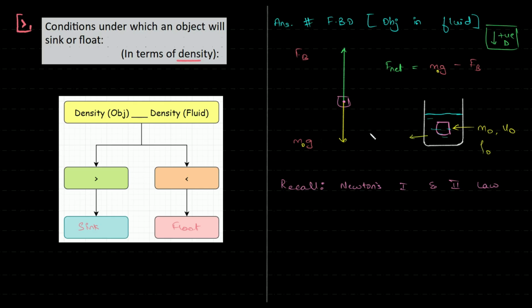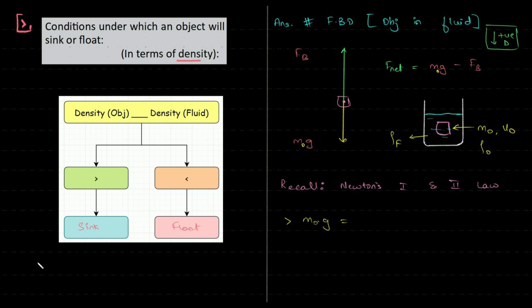I'll consider the fluid to be of density rho f. Mass and volume of the fluid, we don't need per se. Let me express this in terms of density and volume. So Mo g is quite simple.